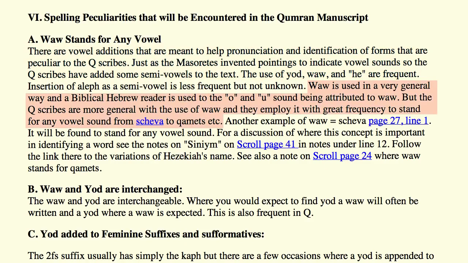Watch this. Right here it says, wa is used in a very general way, and a biblical Hebrew reader is used to the O and U sound being attributed to the wa.